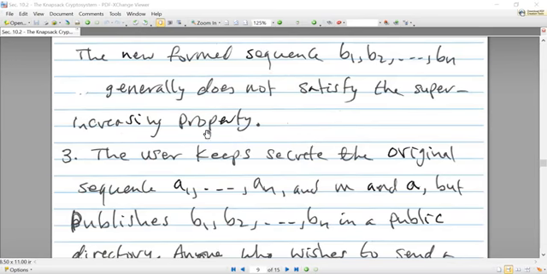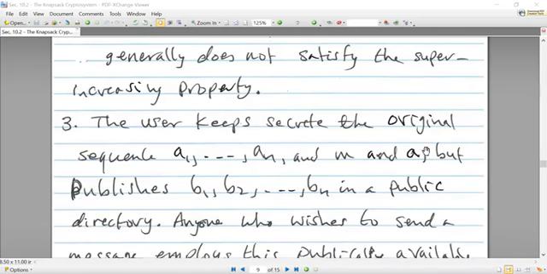Then the user, the person who is going to receive the messages, keeps secret the original sequence, A1 to AN, and also M and A, but publishes B1, B2 up to Bn in a public directory. So the public key is going to be this sequence B1 up to Bn.